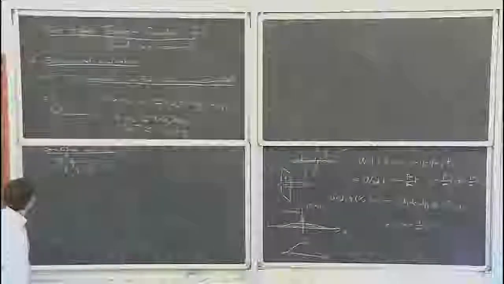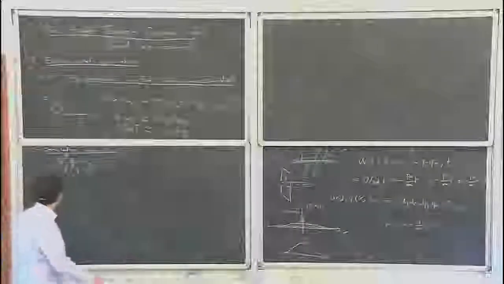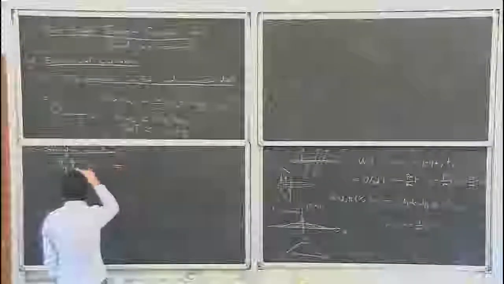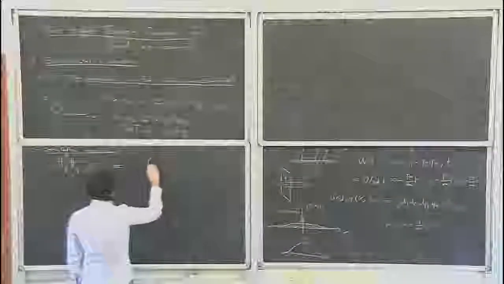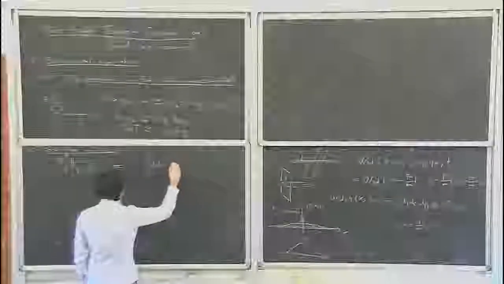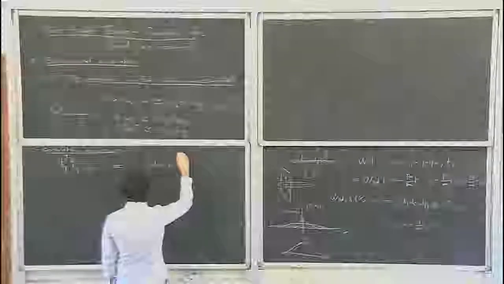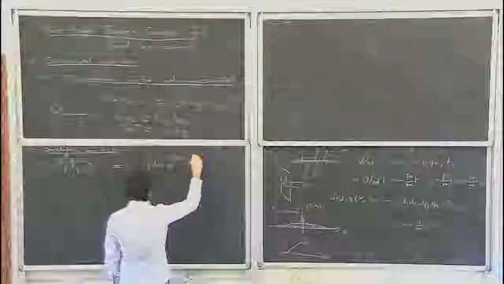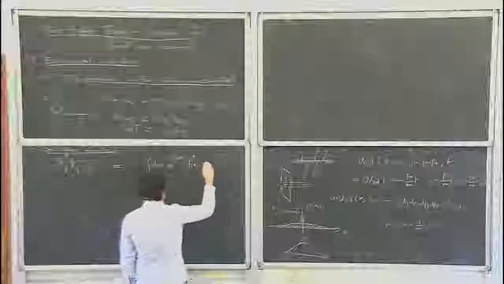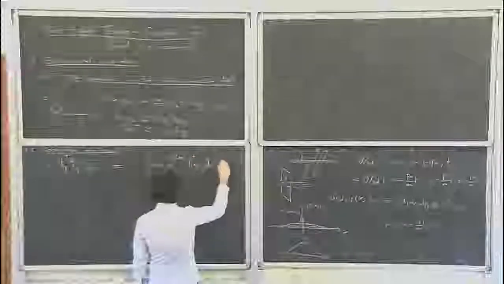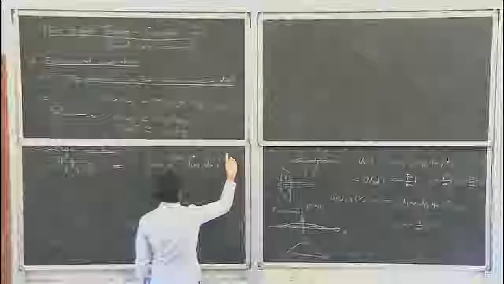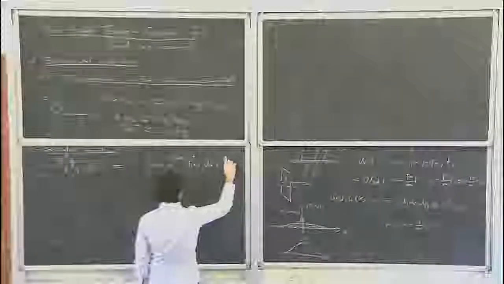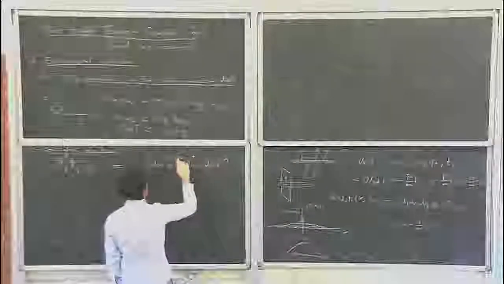So the momentum distribution is this, because this is the Fourier transform of the operator that creates a particle at point x. I get a double integral that looks like this.